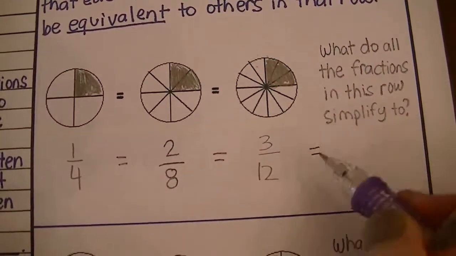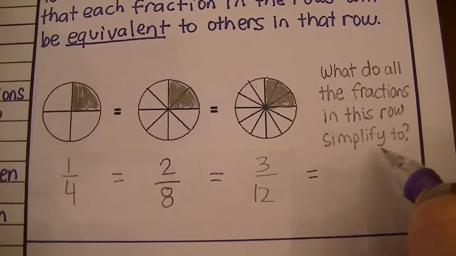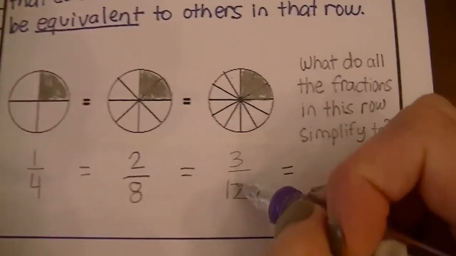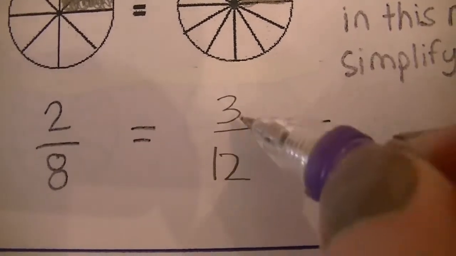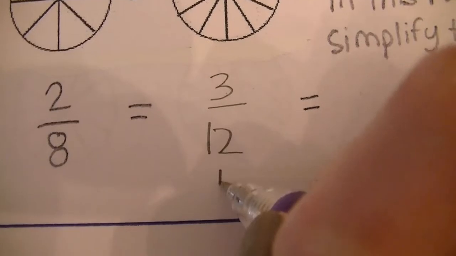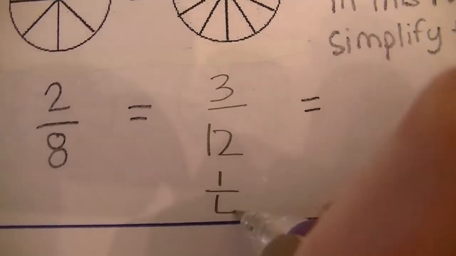Okay, now you'll see another equal sign right here, and that's to answer this question. What do all the fractions in this row simplify to? So let's go ahead and simplify them. Let's see, 3/12. A number that goes into both 3 and 12? Well, 3 goes into both. 3 divided by 3 is 1. I'm just going to write it right underneath it. 12 divided by 3 is 4.